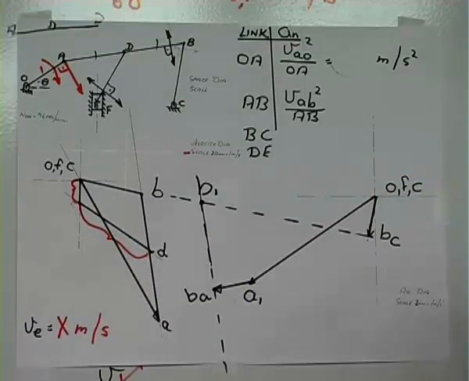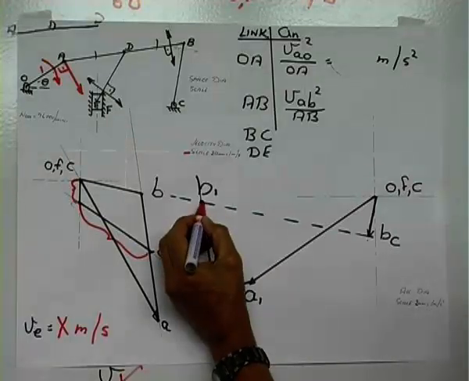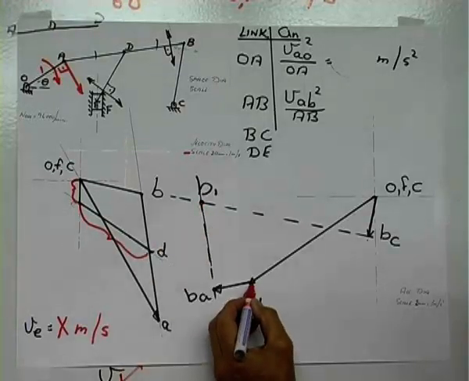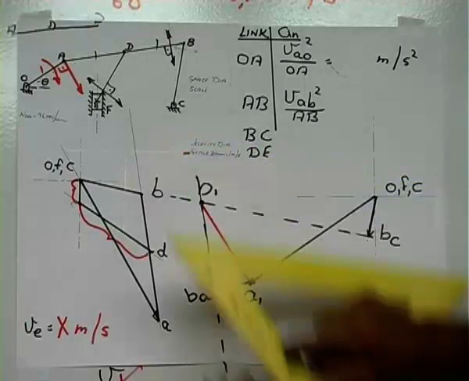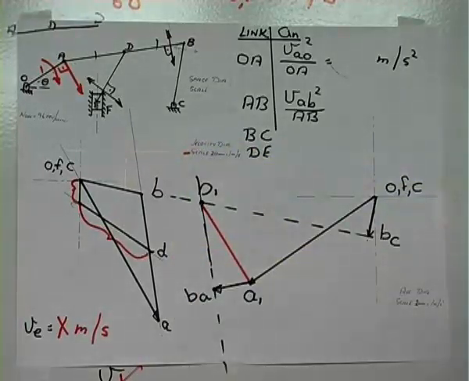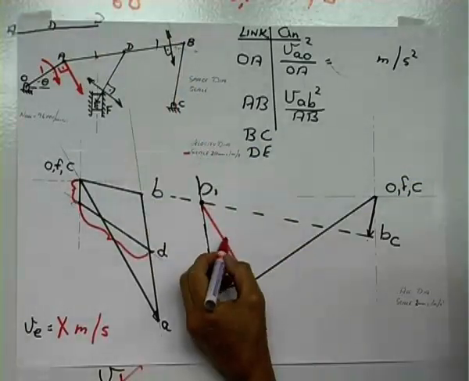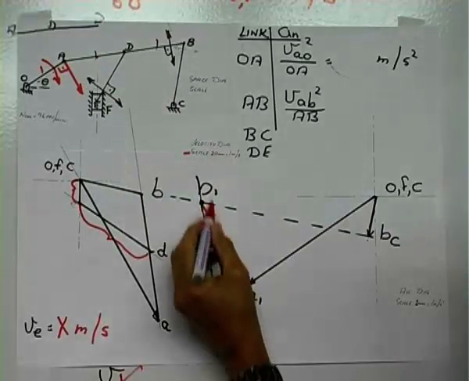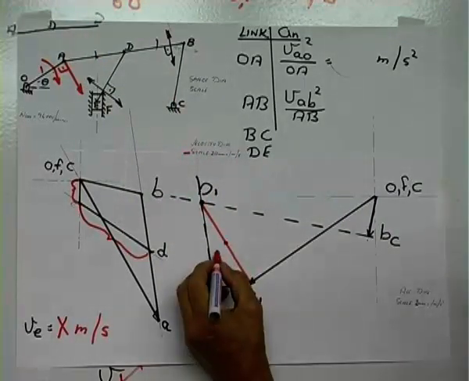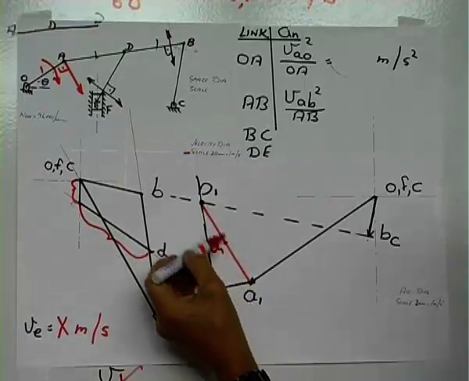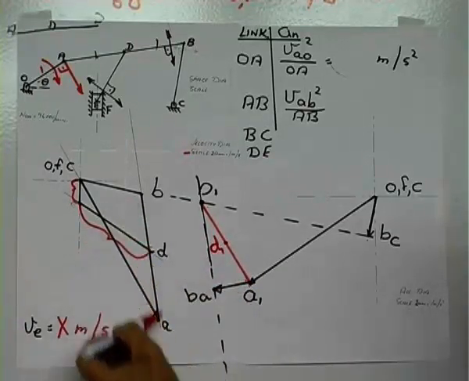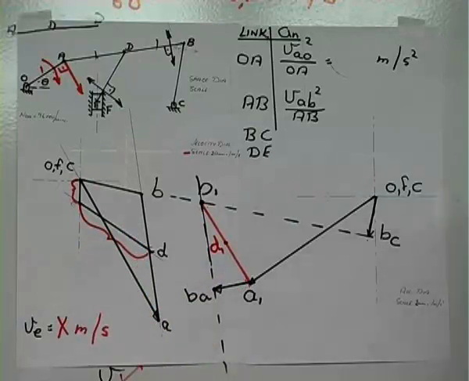Where is B and where is C? This represents B, this represents A. So draw that line, and halfway between that point A and B, we can plot D. Remember to use the same ratios as what you did with the construction of your velocity diagram.